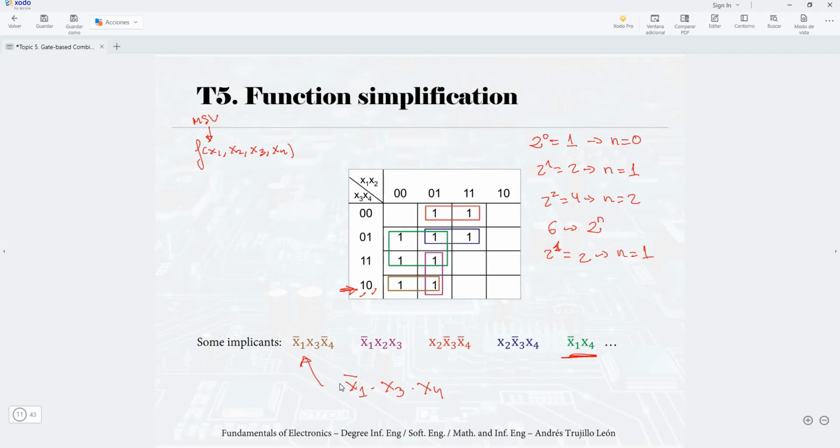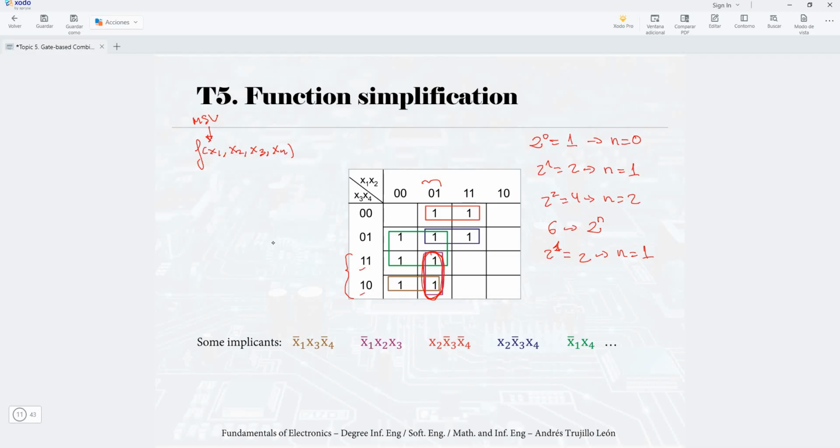We are going to see another example, and we continue with more things. For example, now we are going to look at this allowed group of 1s, this here. In this case, in the columns, both variables don't change, but in the rows, the variable that doesn't change is x3, that is 1.